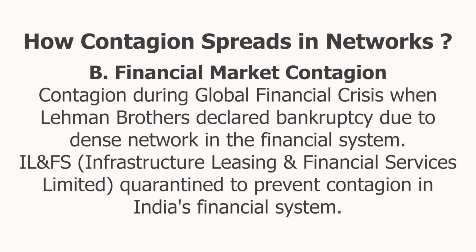But in fact, very similar logic even applies for, say, a financial contagion. Notice the word contagion is being used here as well, and for good reason, because a financial contagion spreads during a financial crisis with pretty much exactly the same kind of logic.